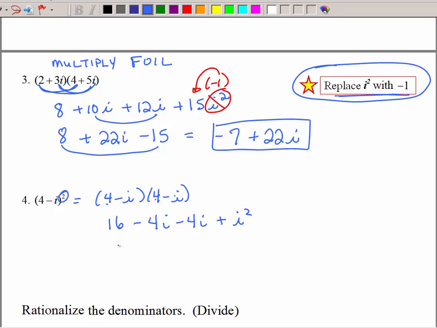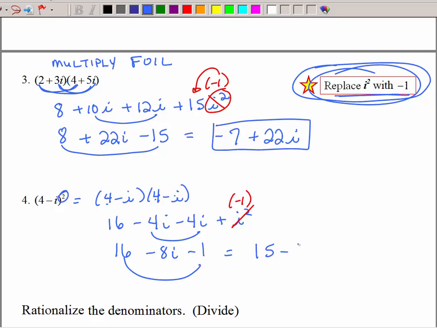So we're going to collect like terms, those together. That's how I got the negative 8i, and then I'm going to replace i squared with negative 1. So now I have just negative 1. Collect like terms, and you're done. So adding, subtracting, and multiplying, very easy. When multiplying, you have to replace any i squares with negative 1.